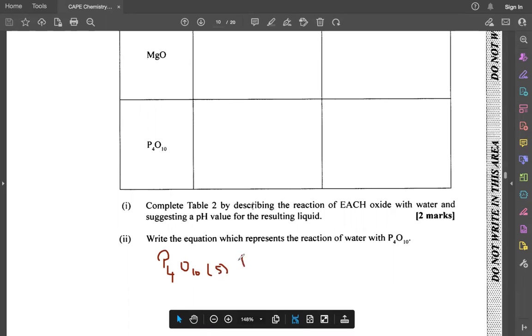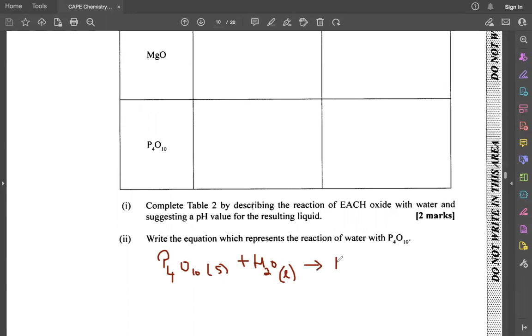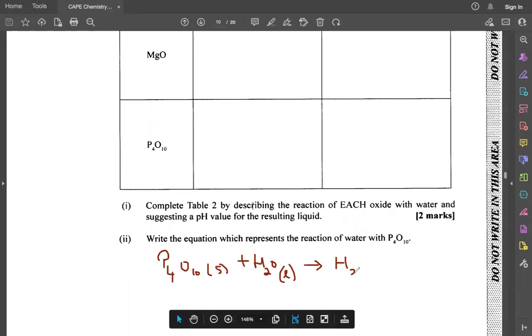And it's just going to be reacting with water, right? And then when it does that, we're actually going to get a very strong acid, which is called phosphoric acid. So that's our result there. That's how we can produce phosphoric acid from that, right? So this is going to be an aqueous acid.